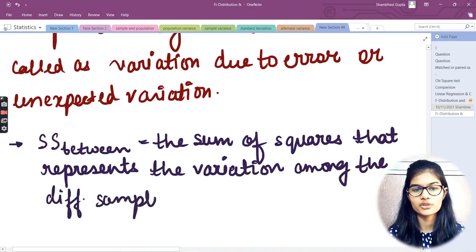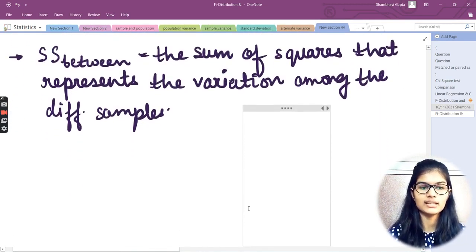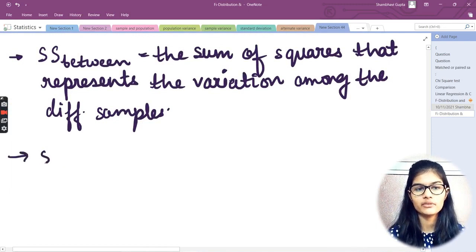So this is about SS between, the sum of squares that represents the variation among the different samples. Now this was between, and next we had one more, that was SS within, which we had studied as well.